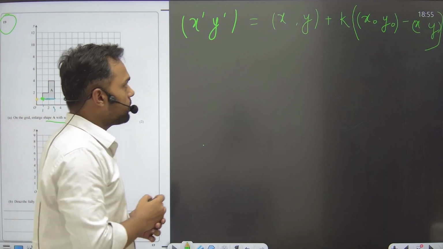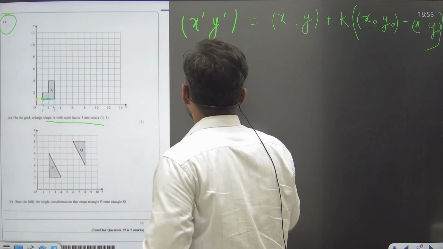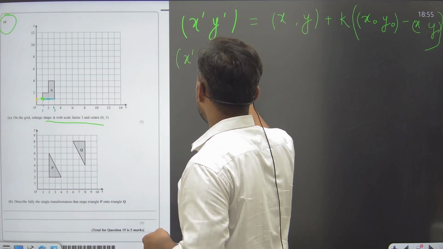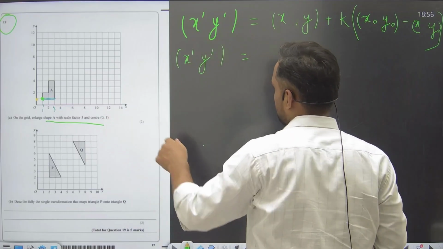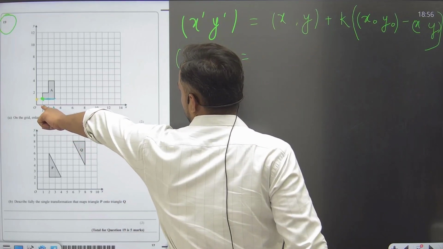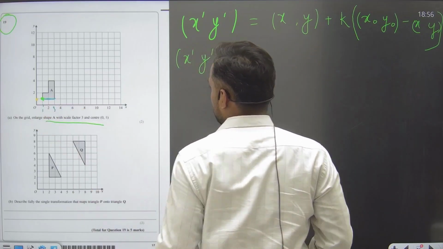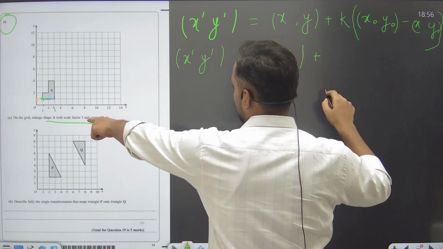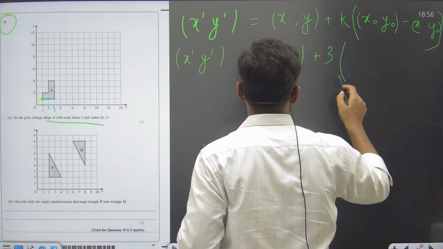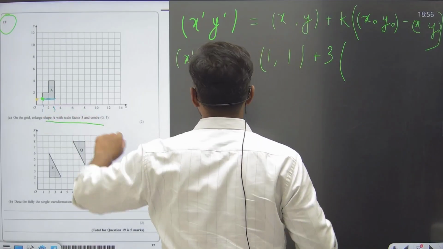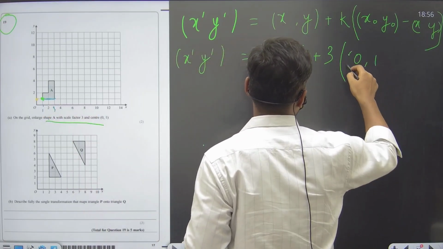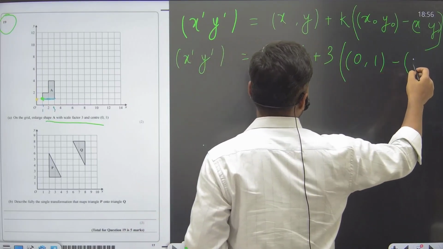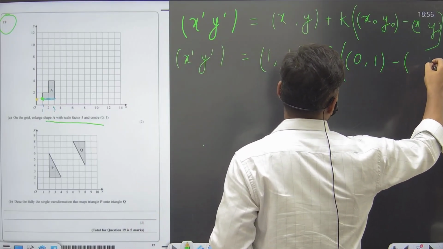We plug in the values: (x', y') equals (x, y), the original coordinate which we are taking here is (1, 1), plus k, the enlargement scale factor, that is 3, times (x0, y0), that is (0, 1), the center, minus (x, y), the original coordinate, that is (1, 1).